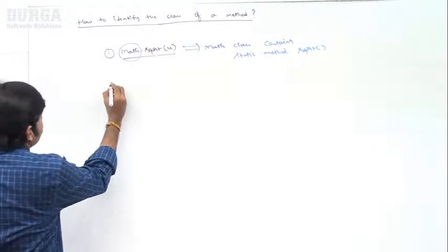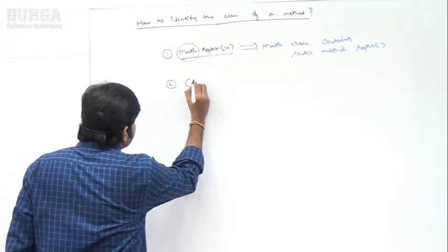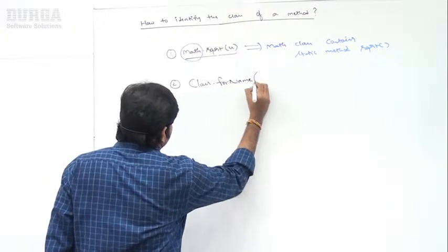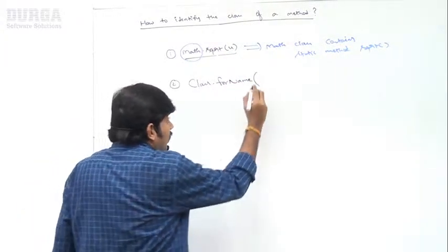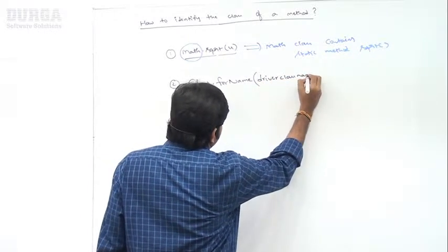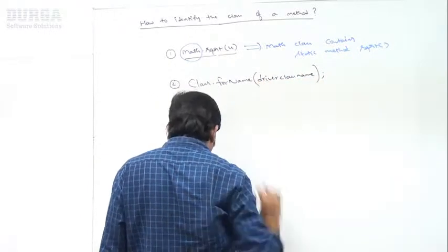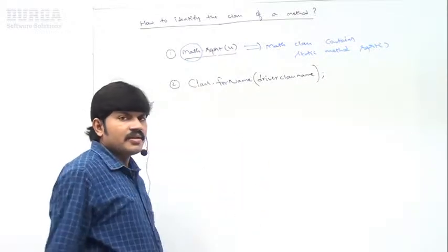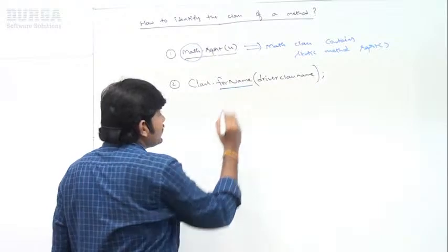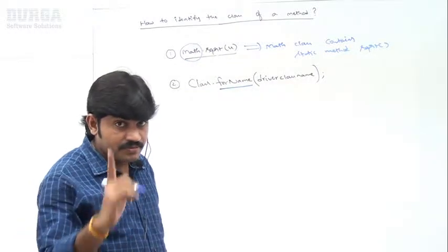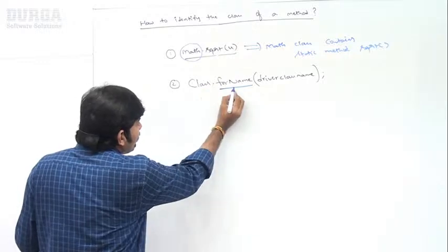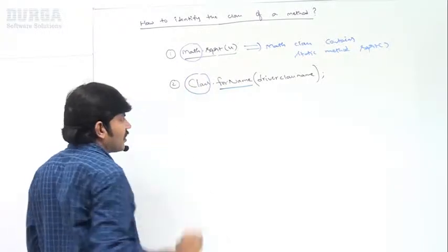Similarly, sir, I'm using Class.forName of a driver class name. I'm just taking any class name, it need not be a driver class name. Sir, now you are calling the forName method. Is it a static method or an instance method? Static method, because, sir, you are calling this by using a class name. What is the class name, sir? Class.